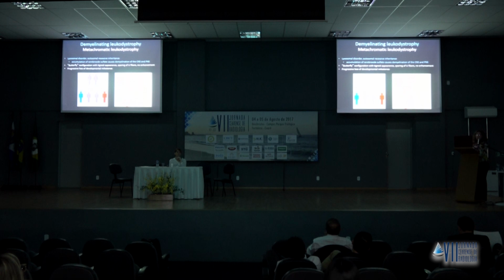Next, metachromatic leukodystrophy. This is a lysosomal disorder with an autosomal recessive mode of inheritance. So 1 in 4 chance that the children will get it. It's due to accumulation of cerebroside sulfate that causes demyelination in the central and peripheral nervous system.